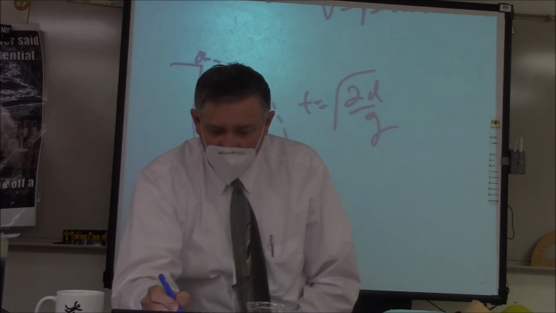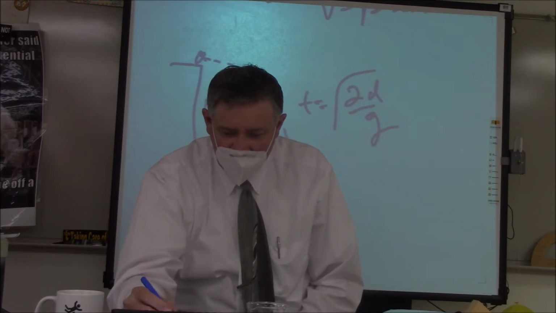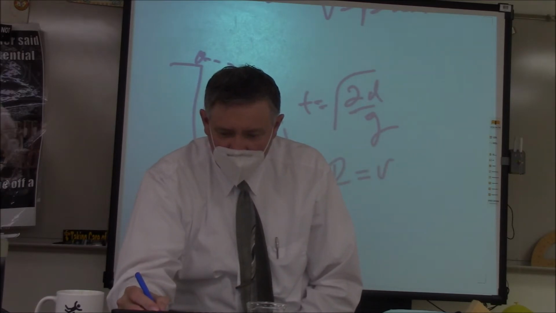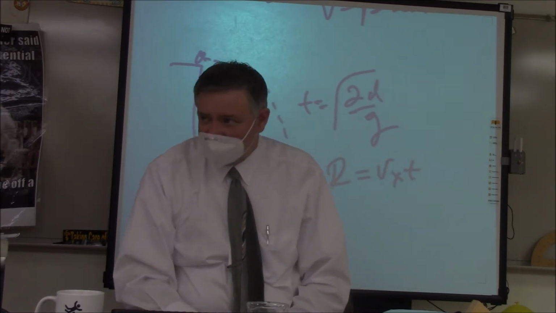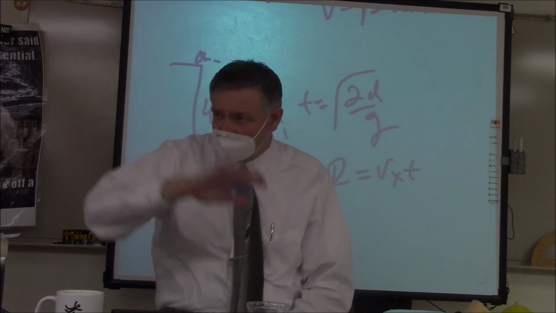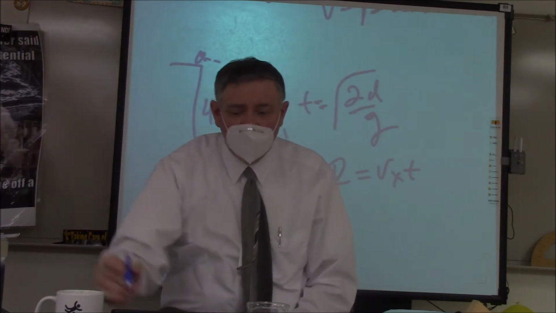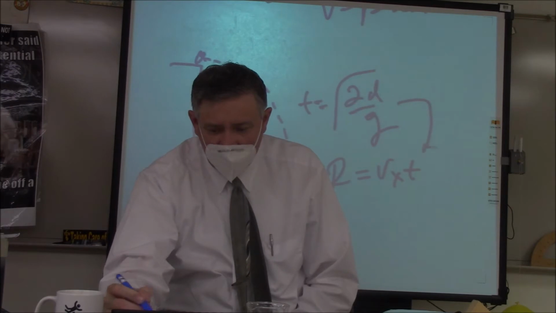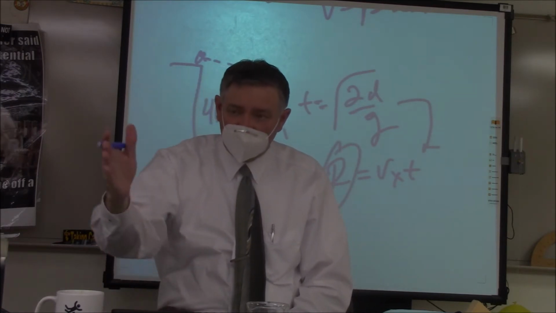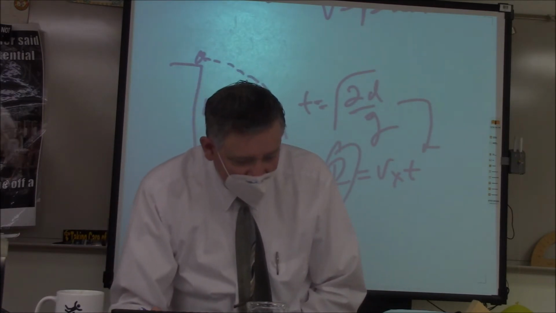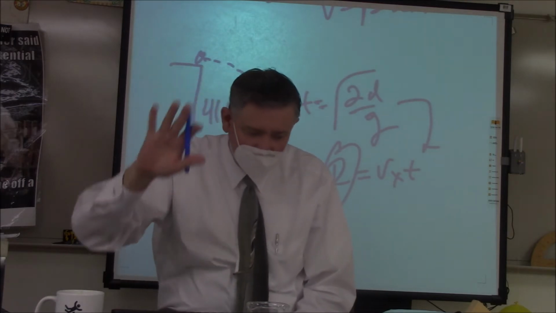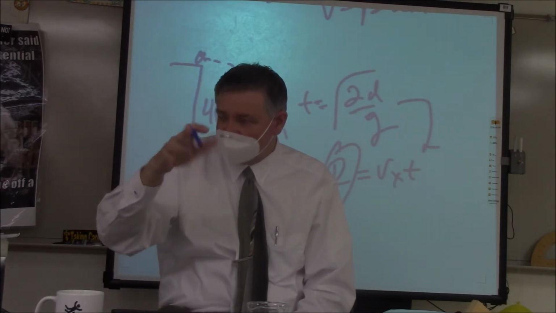And then you know how far from the base of the cliff they have to land. So range equals Vx times time. You know how far out they have to go, and you know how long they're in the air, and you know that range, so you can find your Vx. The answer on number 4 should be around 4 meters per second.